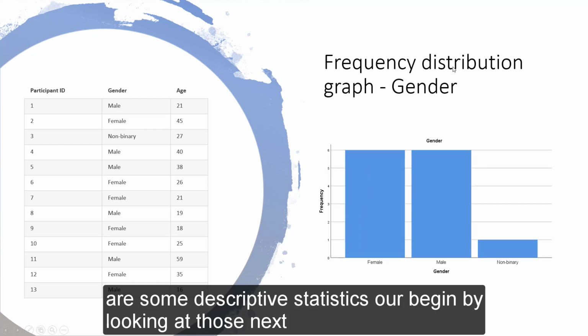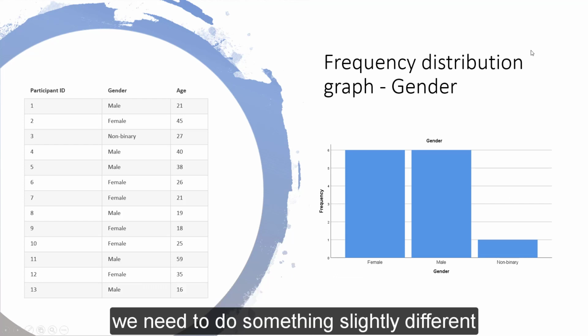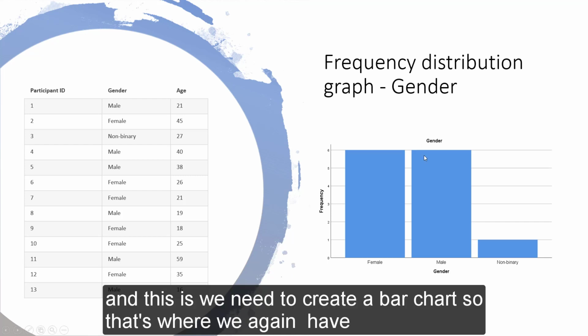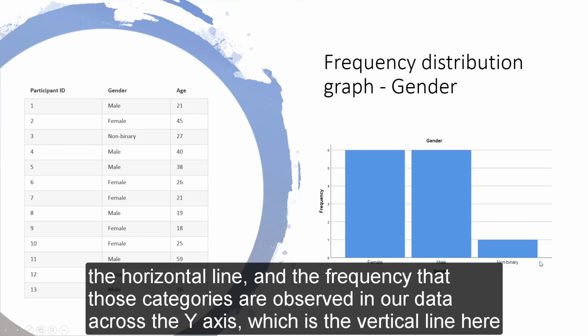Okay. When we look at a frequency distribution for gender, we need to do something slightly different. We need to create a bar chart. That's where we have the categories along the x-axis of the graph, the horizontal line, and the frequency that those categories are observed in our data across the y-axis, which is the vertical line here.